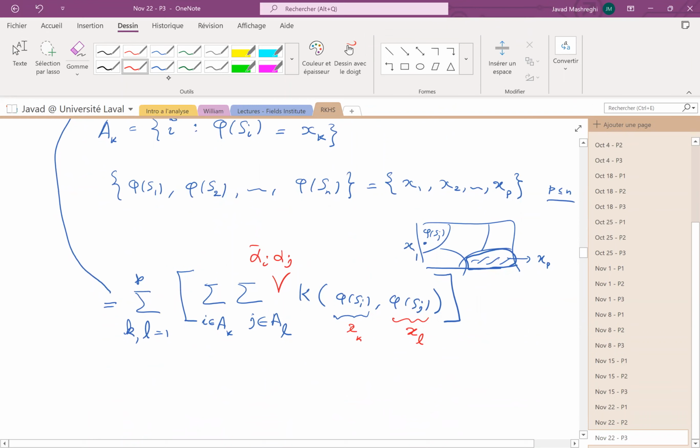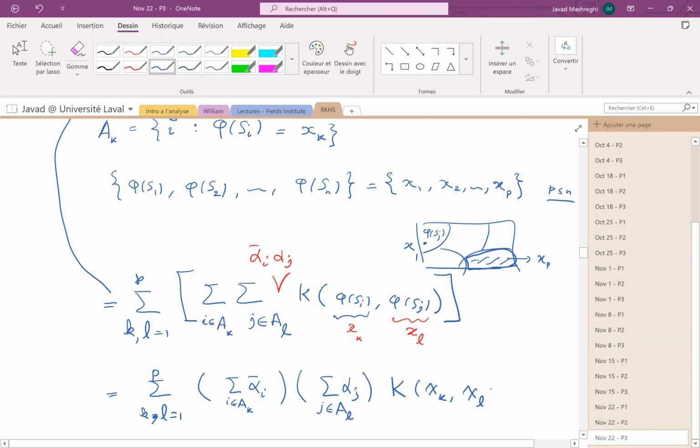So what remains is the sum over k and l, both of them from 1 up to p, of K(x_k, x_l), which doesn't depend on i and j. So I would have the sum over i in A_k of alpha_i bar, the sum over j in A_l of alpha_j, K(x_k, x_l).